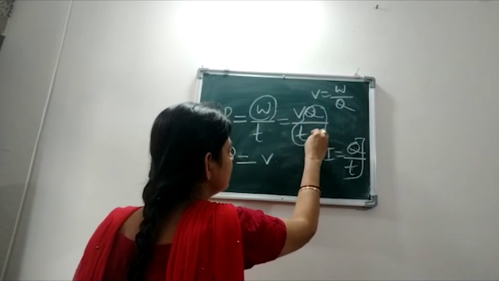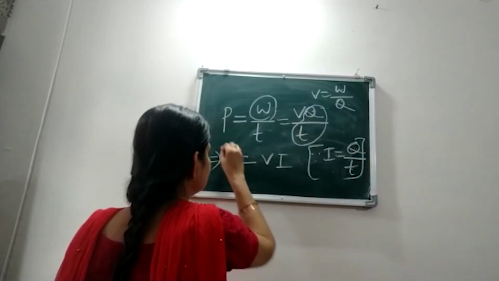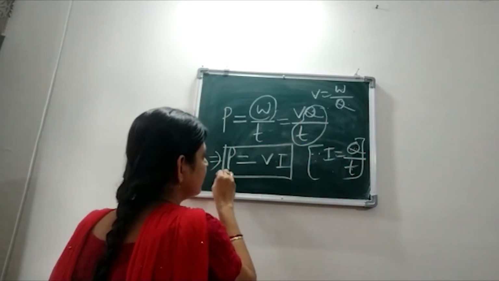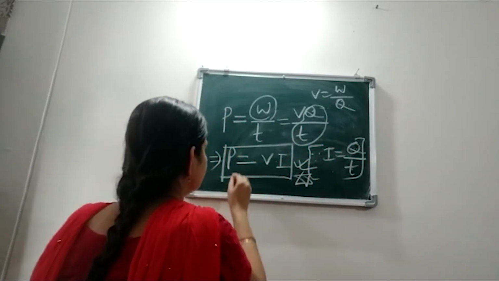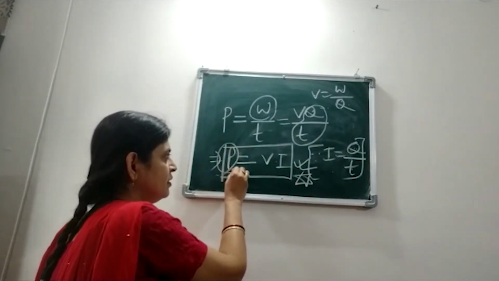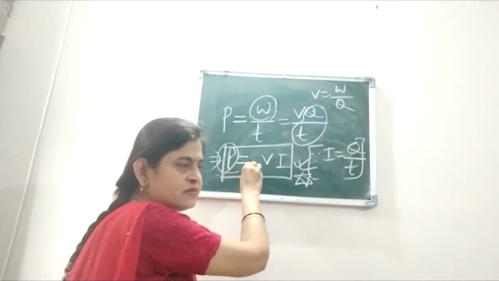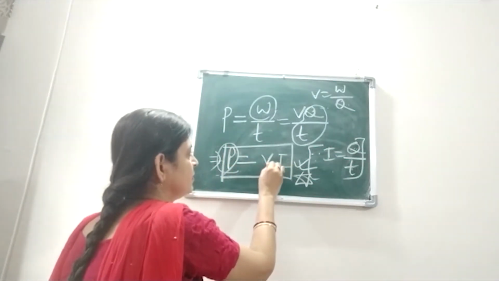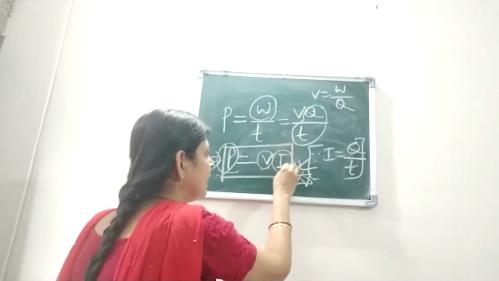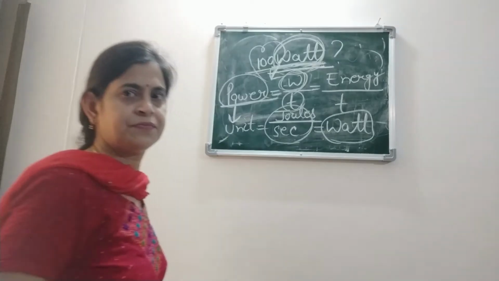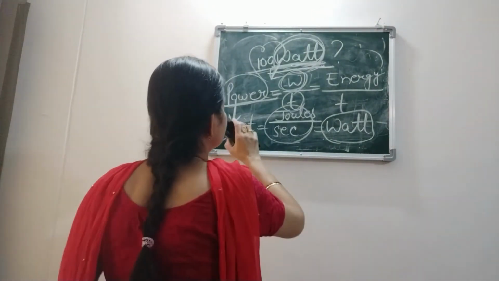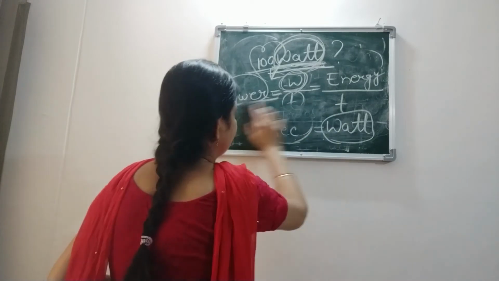So Q by T is equal to I. That means we can write down P is equal to V into I. So electric power can also be defined as the product of the potential difference and current flowing through the appliance. Now we can find out by using this formula.